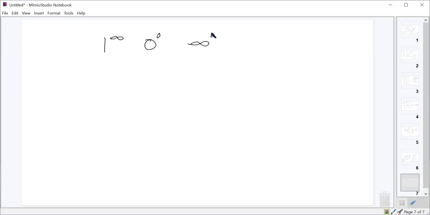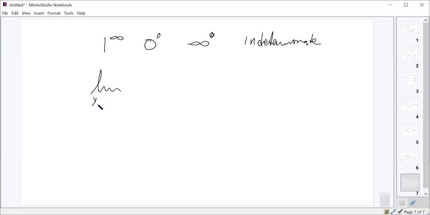We also dealt with infinity minus infinity, which we'll talk about in a minute, but that doesn't apply to these. So these ones, 1 to the infinity, 0 to the 0, and infinity to the 0, are all indeterminate. And what is the method for evaluating these limits?